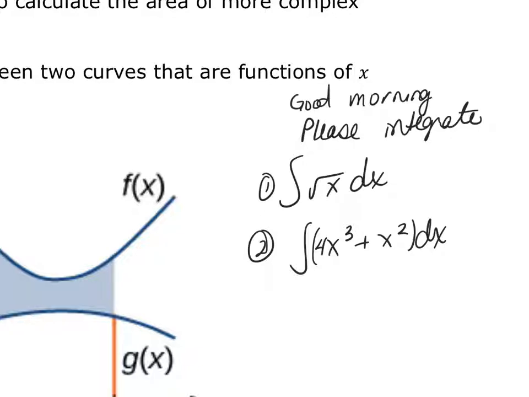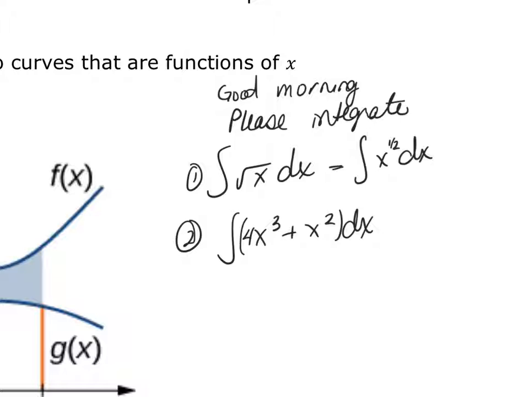Okay, so our first answer is 2/3 x raised to 3/2. Now, when I'm doing integration, especially when I see radicals, I rewrite them with equivalent exponents, x raised to the 1/2 dx. The reason I do that is because it makes it easier, to allow myself to do the plus 1.